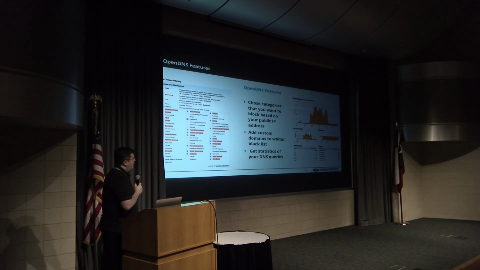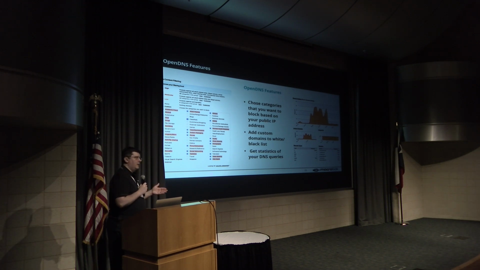Now, on the right side, I have another screenshot, which shows additional statistics that you don't really get with DNS servers from your ISP or your local DNS servers. It's statistics information. What are the top domains? What are the IP addresses that users usually connect to? It gives nice analytics, but it's also able to recognize certain IP addresses that are associated with malware or some other websites that are classified as a security risk.